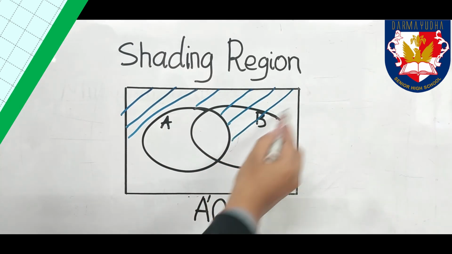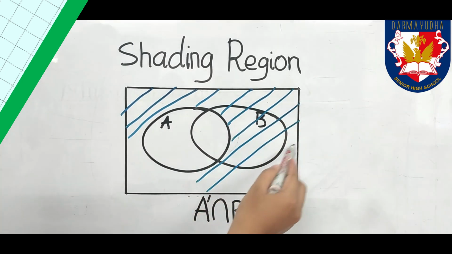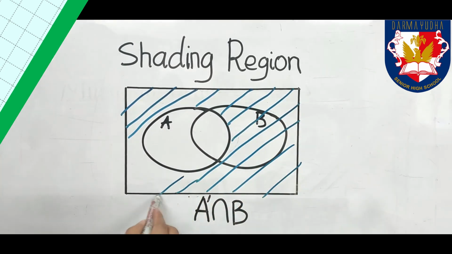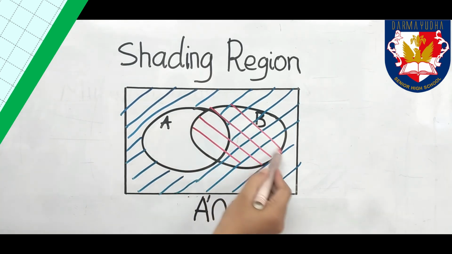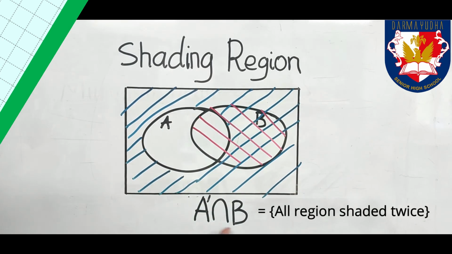Remember, outside of set A because A complement is outside A. And then we need to do the same for set B. Inside set B, we shade all the region inside set B. So A complement intersection B is the region that got shaded twice.